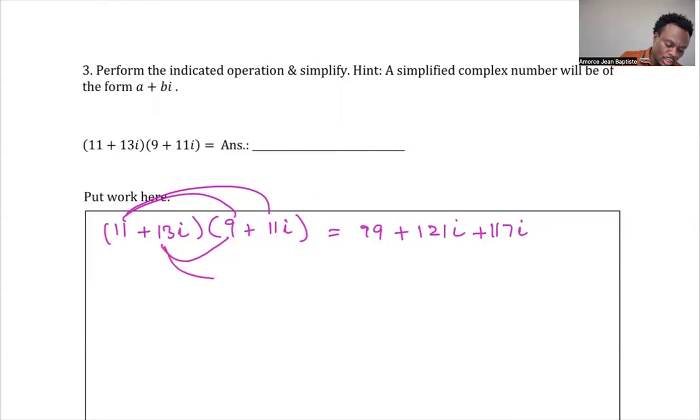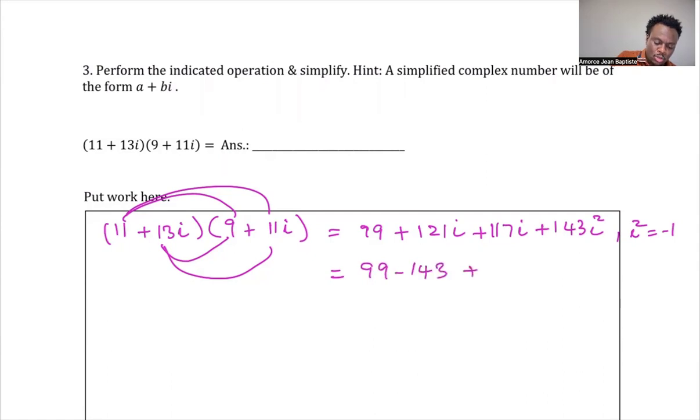And then 13 times 11 is plus 143i squared. i squared equals -1. So then that's 99 minus 143 plus 121 plus 117 is 238i.